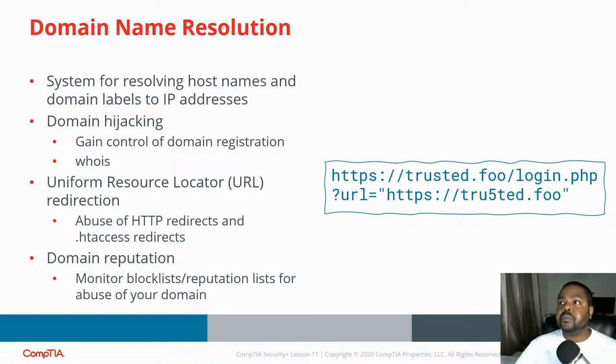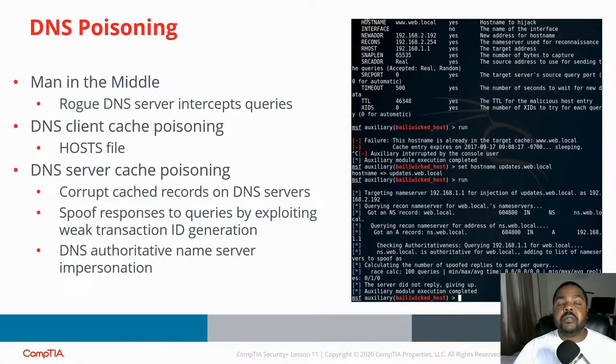So just to follow up on that previous slide, DNS poisoning is just that: a man in the middle, changing that chart table, making sure that you go where they want, to the compromised website.